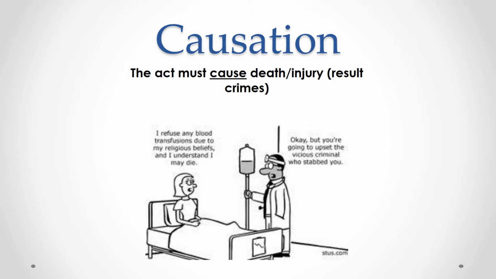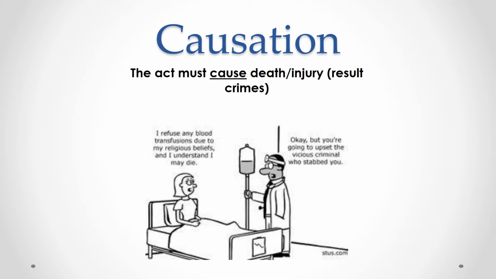But what happens if there are potential incidents that occur in between the act and the death or injury that may break that chain of causation and limit or remove the defendant's liability altogether? And that's where sometimes examiners will test your knowledge of these rules by putting something into a scenario to see if you understand that. So I'm going to take you through these rules now.